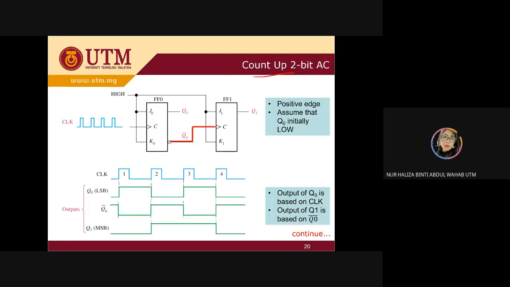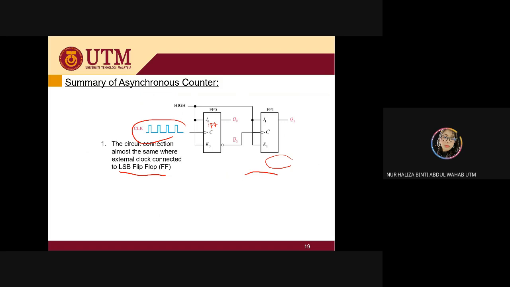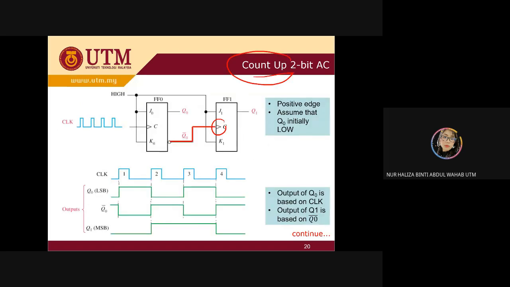Now let's see this example. This is the count up, positive edge. Positive edge, count up. Your input for your next flip-flop is going to connect to your Q bar. That's why you're going to have this connection.